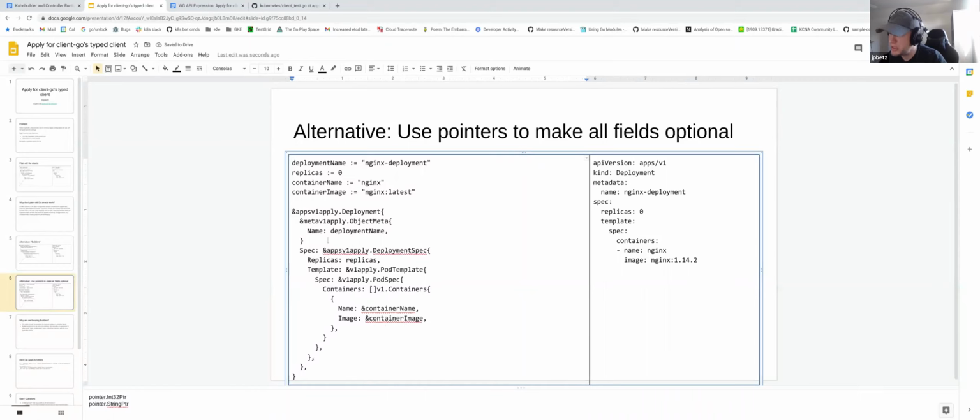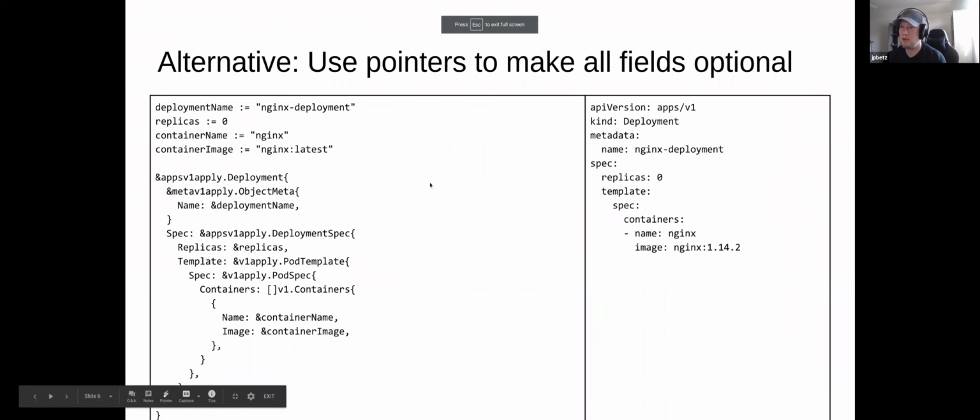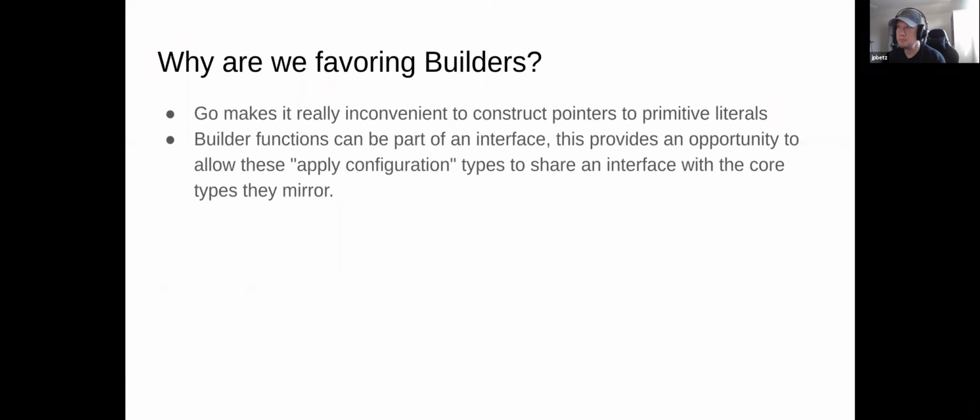You could give yourself a utility, some pointer library with something like new int32 pointer, and you just did that function call inline as well. That allows you to at least not have to define those string literals in a separate section up above. But it still dirties up the code quite a bit.